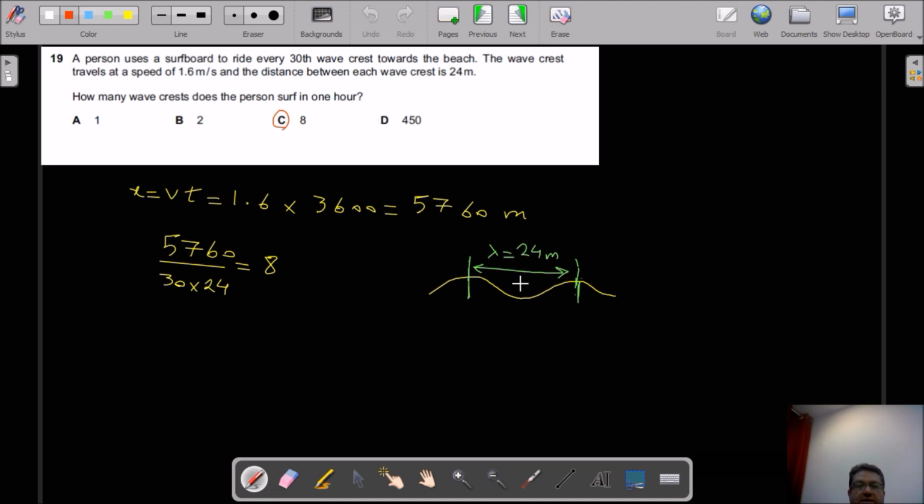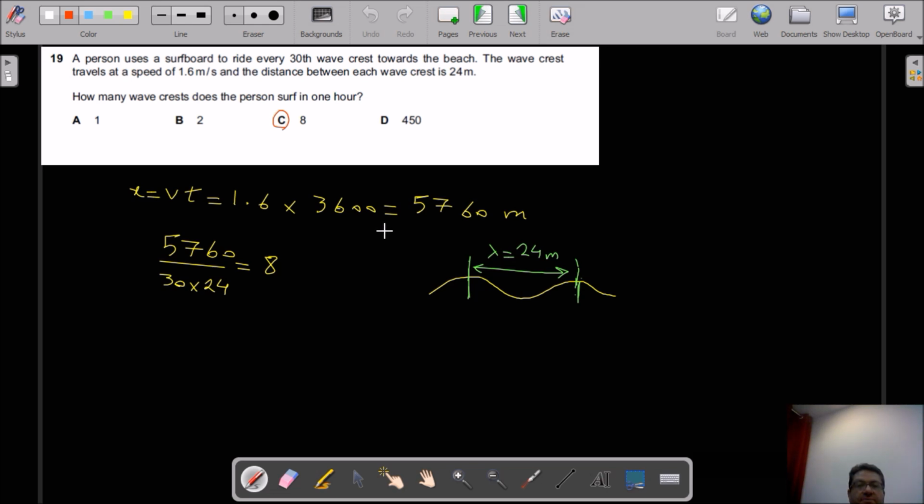So x equals vt. So v is 1.6 and t is 3600, because it is said in 1 hour, so 1 hour is 3600 seconds. So the total distance will be 5760 meters.